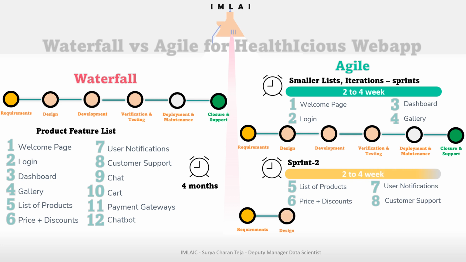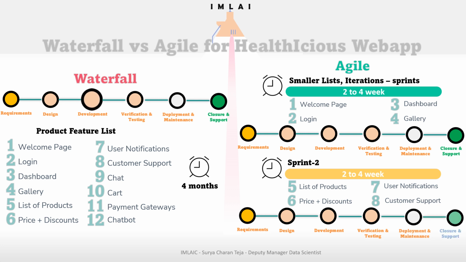Now we will put all these requirements into the design phase, then the development phase, then the verification and testing phase, then deployment and maintenance, and then we'll close it, and the customer can see that application literally live. So we have done 4 plus 4 features in 2 sprints. We have 4 more features, which we can finish in sprint 3.